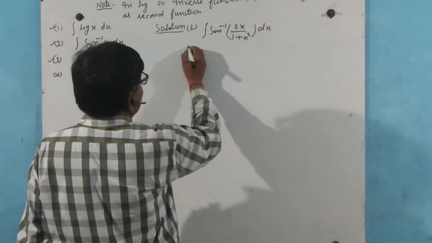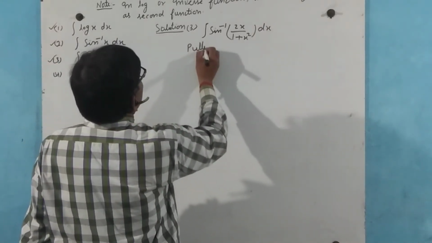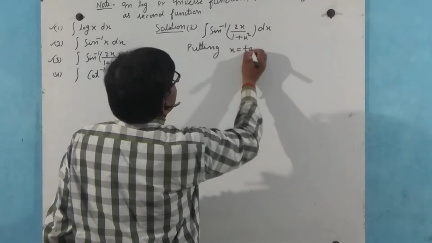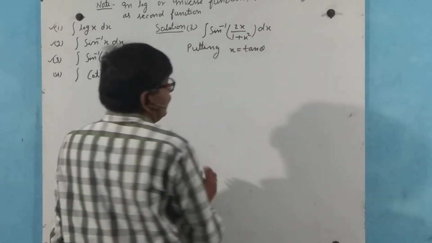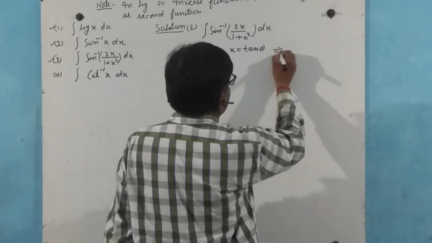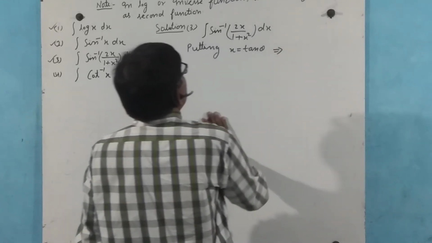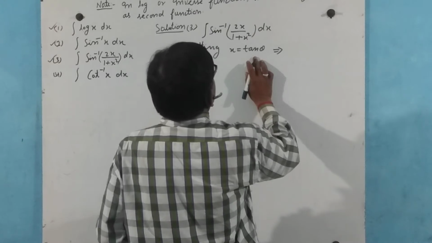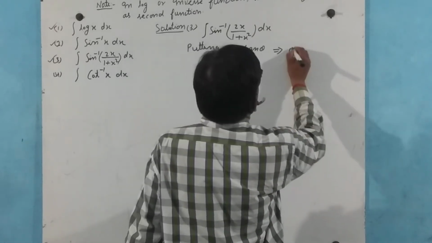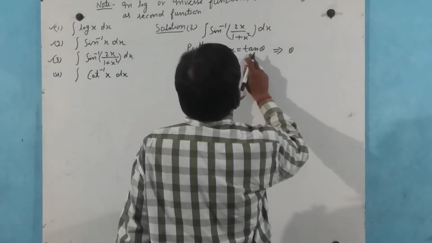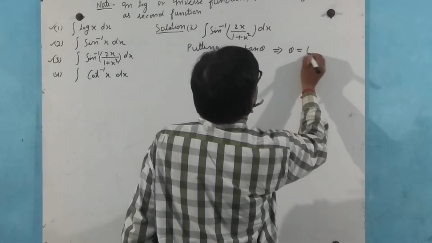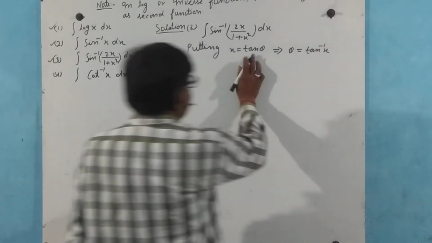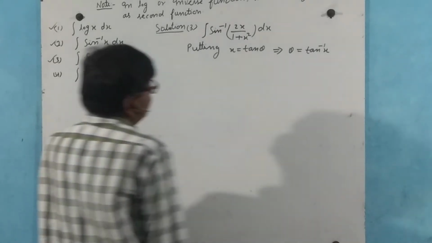In this case, putting x equal to tan theta, this means theta equal to tan inverse x. Here theta equal to tan inverse x.